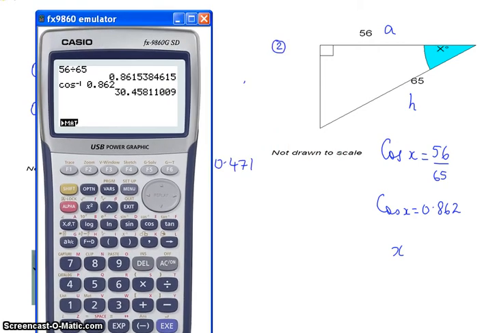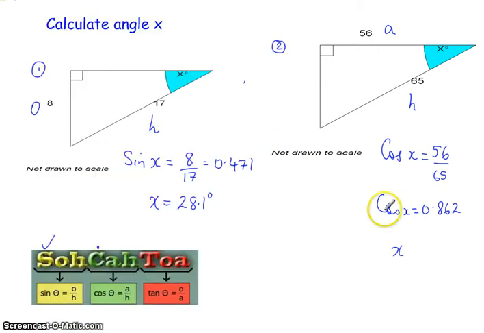So x equals 30.5 degrees. So angle x here is 30.5 degrees. And angle x here is 28.1 degrees.